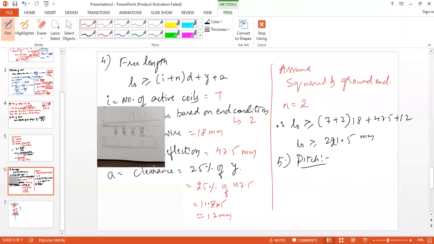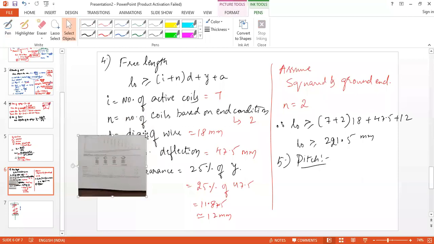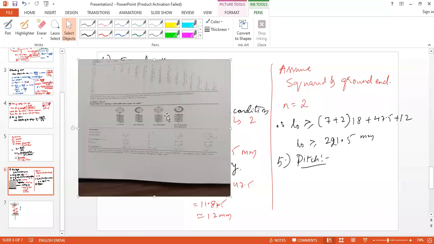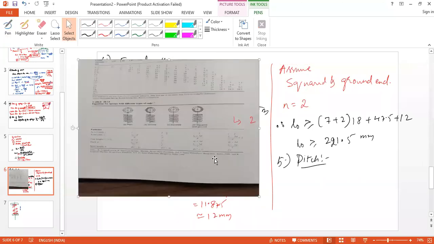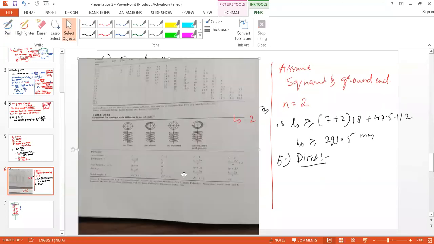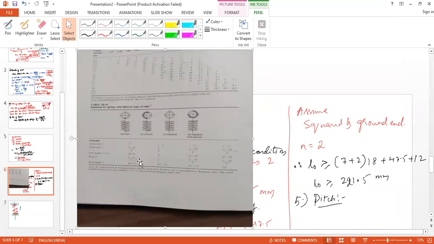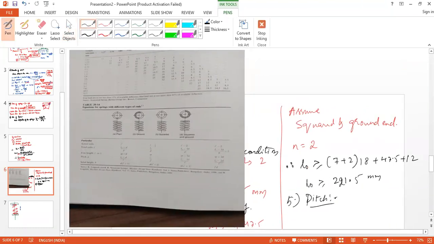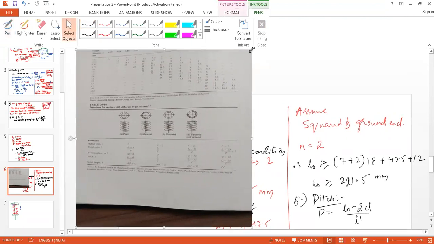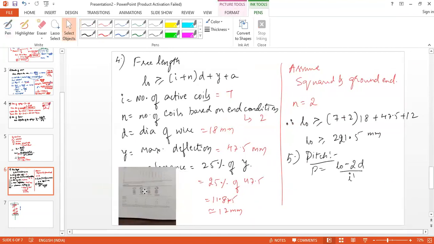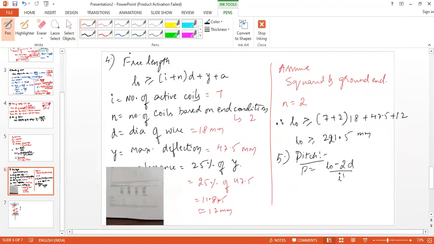What is pitch? Again, we need to look into the same table. For the square and ground ends, pitch P is equal to L0 minus 2d divided by I dash. What is L0?